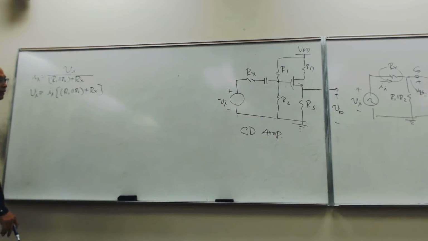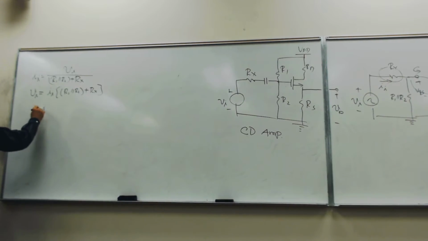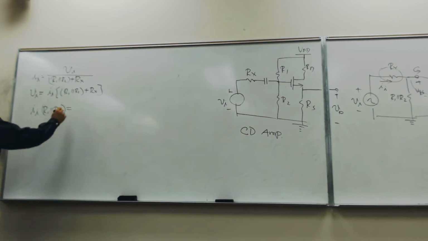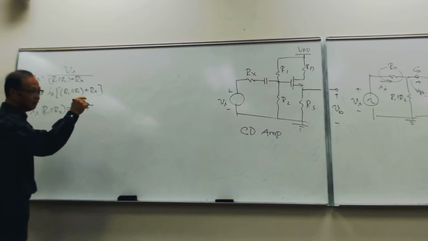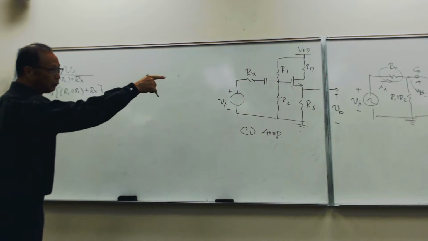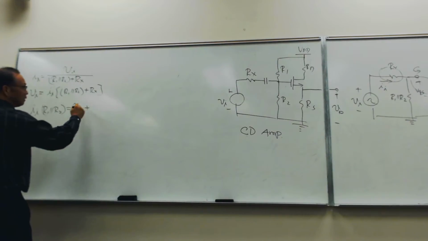Or in other words, the voltage in R1 and R2 is the same. So in other words, you can do the following, right? You can say I sub I times R1 in parallel with R2 should be the same as VGS plus V sub O, right? Plus E sub I, which is given here, right?